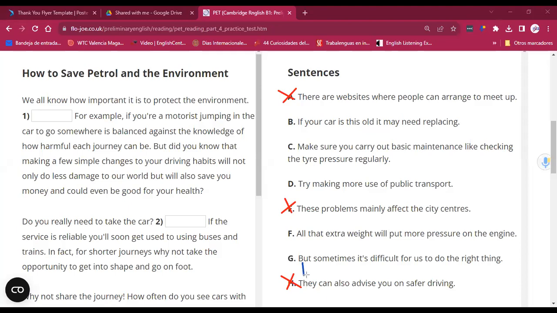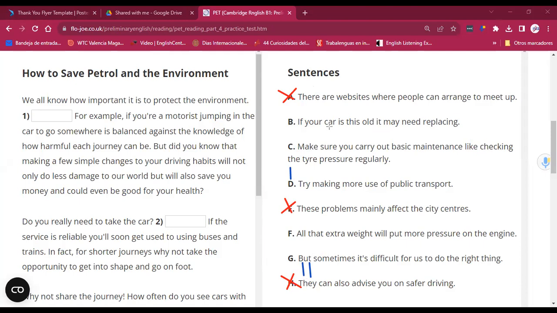Okay, Mr. Eric? Letter C. Okay. Domenica? Letter G. Okay, letter G over here. Dayanis?